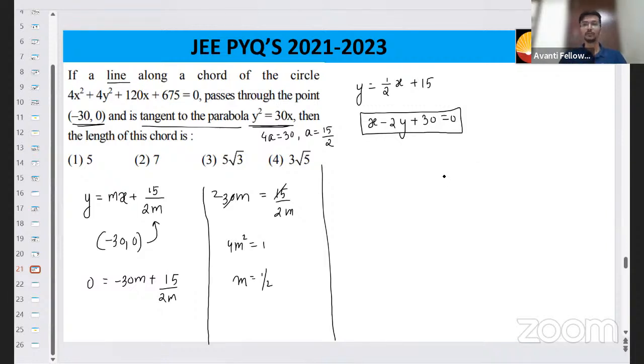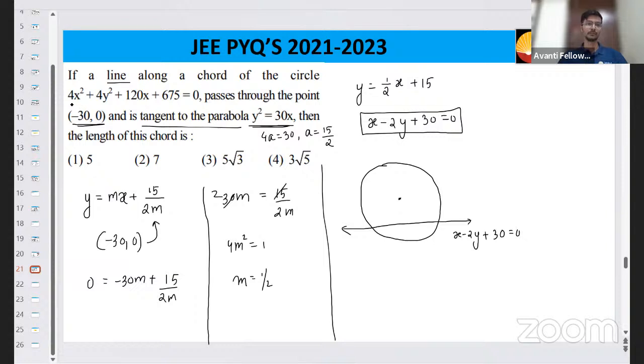X minus 2y plus 30. Okay. So now this is a chord to the circle. Let me draw the diagram. This line x minus 2y plus 30 is equal to 0 is a chord to the circle.